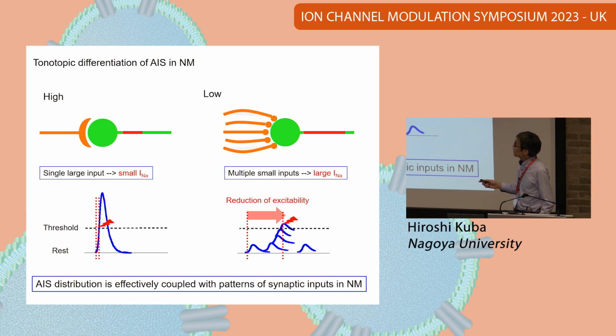On the other hand, the short AIS in high-frequency cells can prevent aberrant spikes during this large input, and it is suitable for high-fidelity transmission. Thus, the AIS distribution is effectively coupled with patterns of synaptic inputs in NM, ensuring precise and reliable temporal coding in this nucleus.